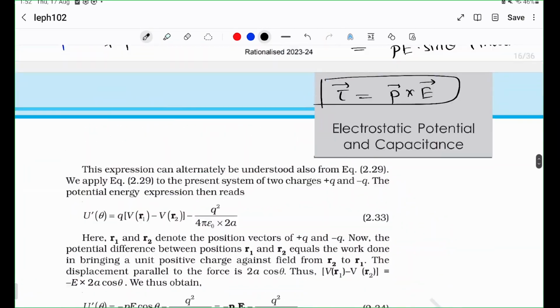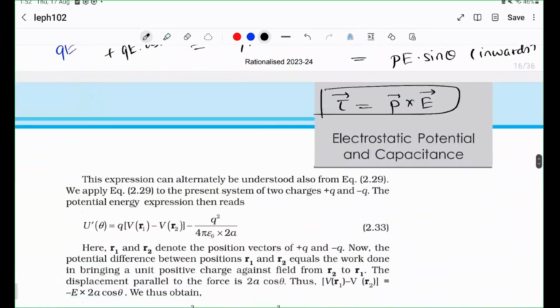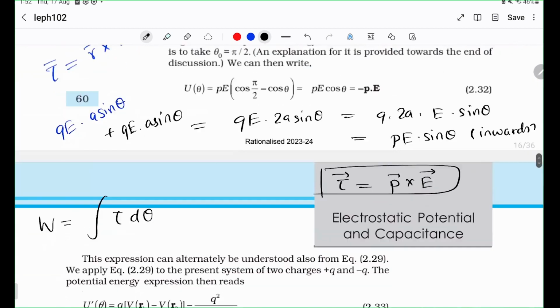Now you can see that the work done in the rotational analog is simply integral tau d theta, right? Instead of writing integral F dx, we can write tau d theta. That is the rotational analog of work.